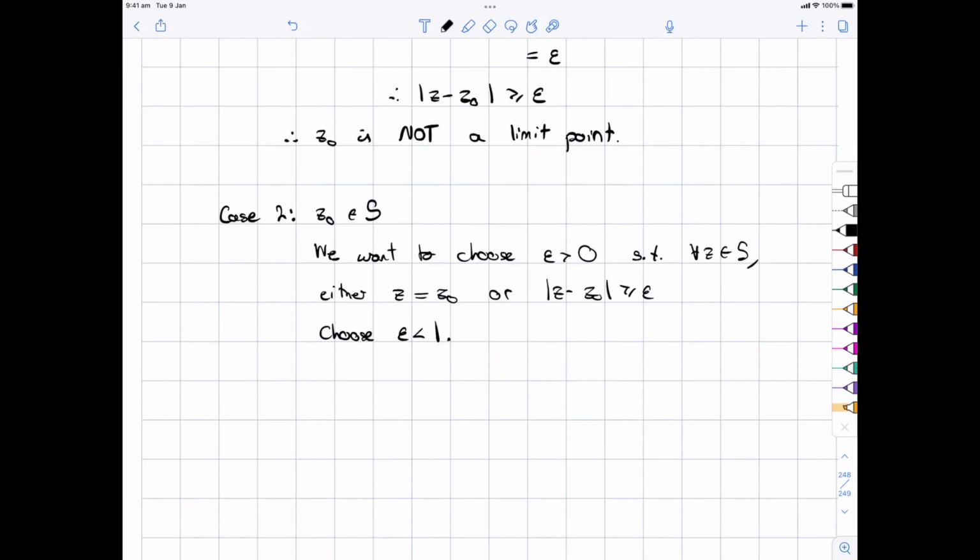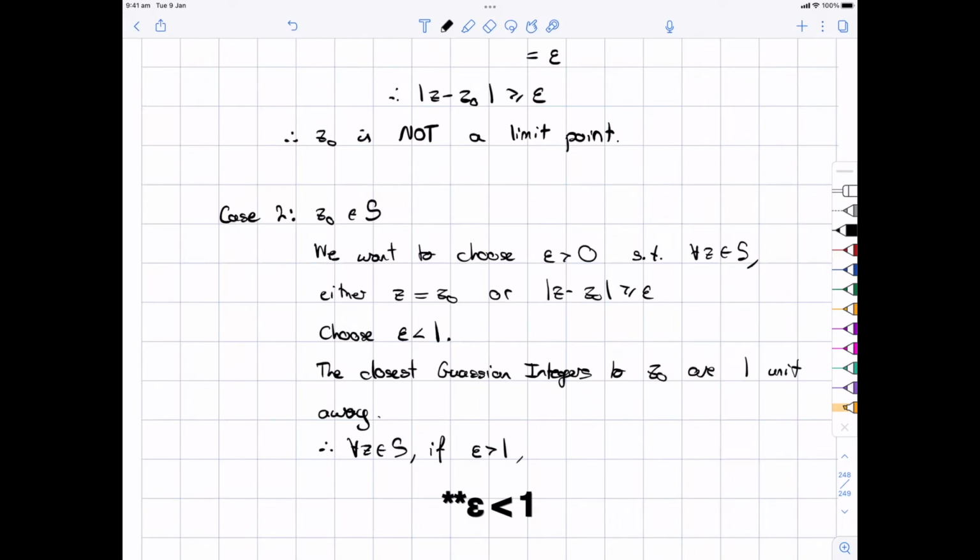The closest Gaussian integers to z0 are 1 unit away, and so therefore, for all of these Gaussian integers, if epsilon is less than 1, either z equals z0 or the modulus of z minus z0 is greater than or equal to epsilon.